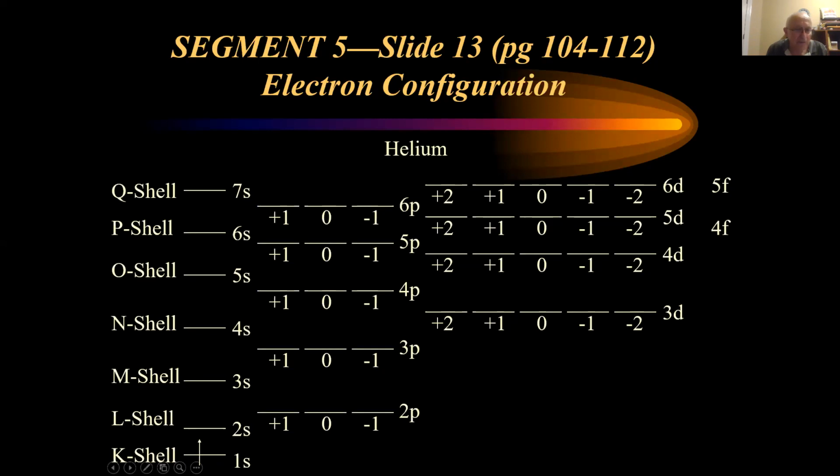Now, the one that is chosen is the one of those 2 configurations that is the lowest amount of energy. The 2 electrons do repel each other. So when I put the second electron into that s orbital, it's going to be repelled by the first one.